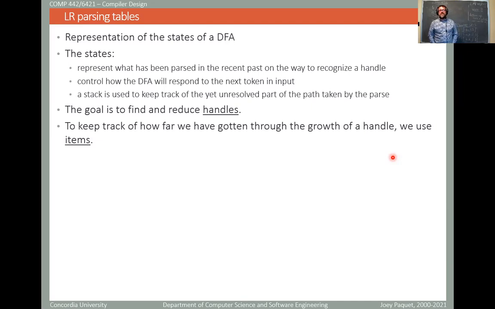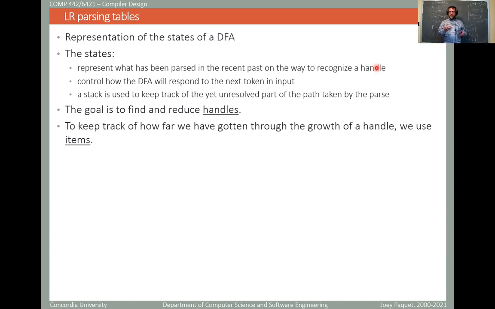So what are the states? States represent what has been parsed in the recent past on the way to recognize a handle. So as you're making your way forward in a handle, every step of the way, you go to a different state. Depending on the choices that you have to make, depending on the context that you are in and the choice that you make, you go on a different branch in this DFA.